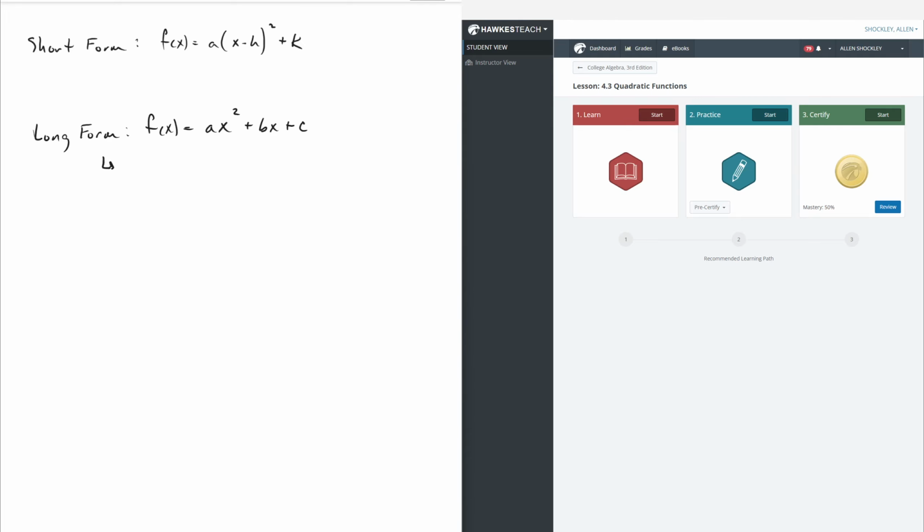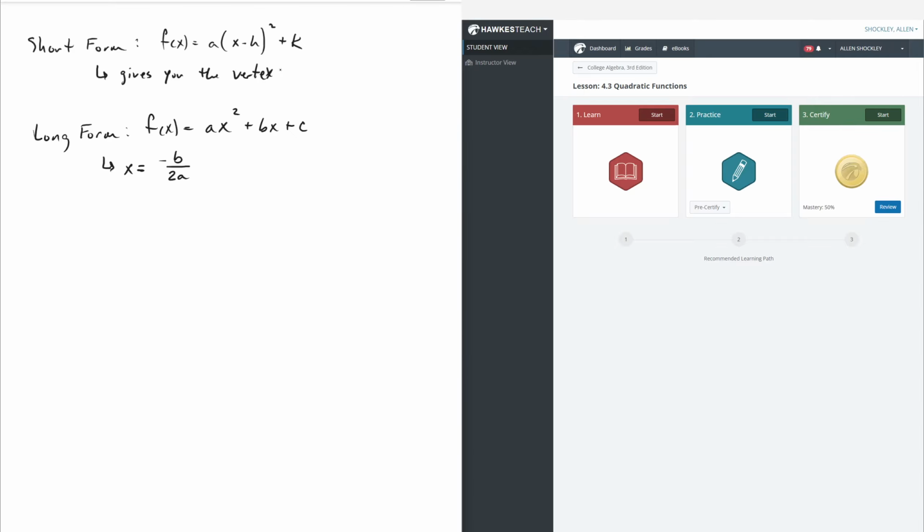For this one, you're going to need an additional formula where x equals negative b over 2a. This one gives you the vertex. Vertex just meaning the center.